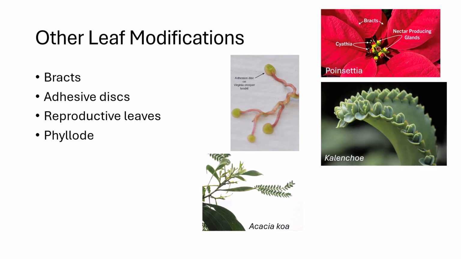Reproductive leaves are leaves capable of producing new plantlets, such as in kalanchoe. Small buds form along the leaf margins and can detach, root, and grow into new individuals. In this case, the leaf functions directly in asexual reproduction. Phyllodes are flattened petioles that take over the role of the leaf blade. This modification is common in some Australian acacias.